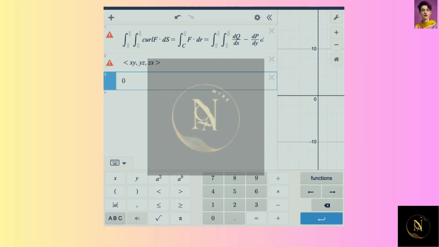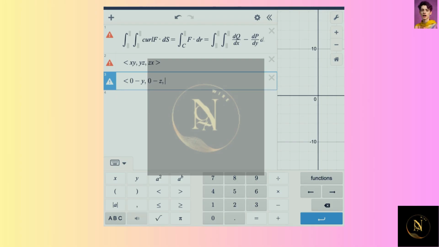And then we subtract that by the partial derivative of Q with respect to z. So that'll be y. Then we have the partial derivative of P with respect to z, which is 0, minus R's derivative with respect to x, which will be z.